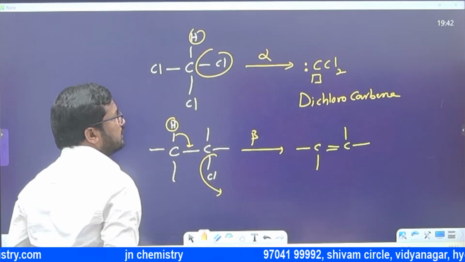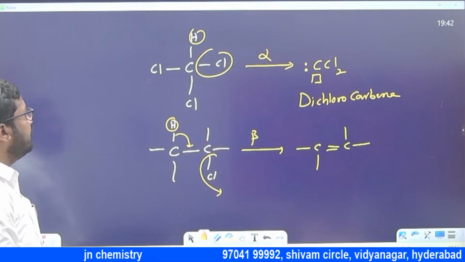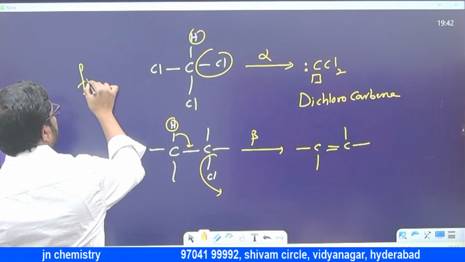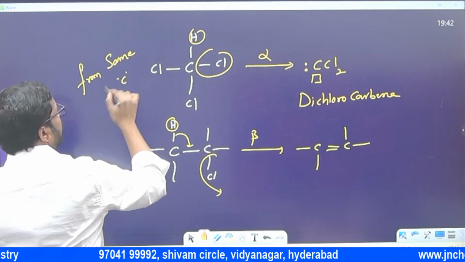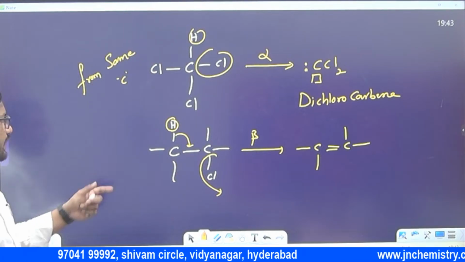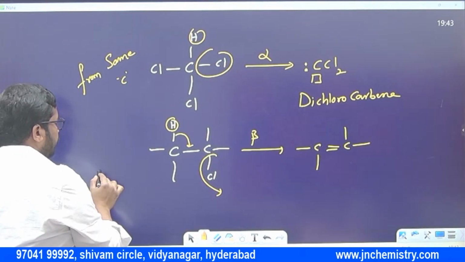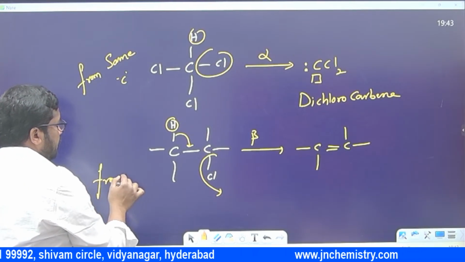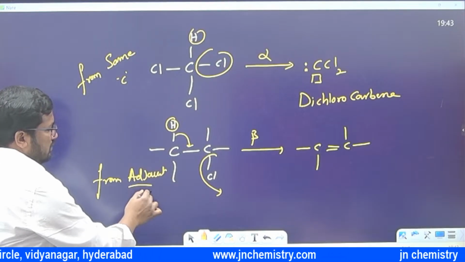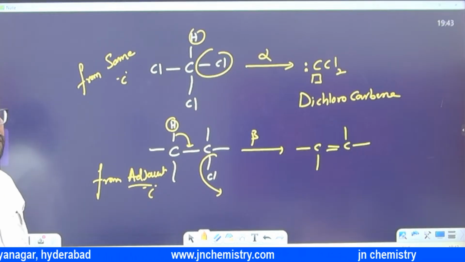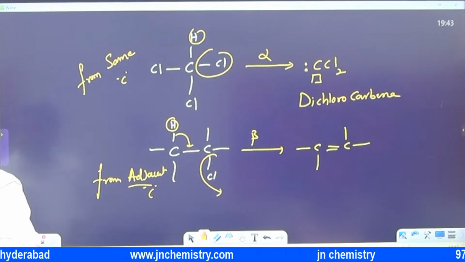Alpha means from the same carbon we are removing the groups, whereas in beta elimination, from the adjacent carbon. Alpha elimination, beta elimination.